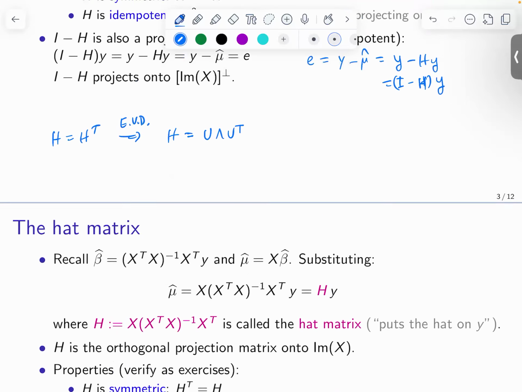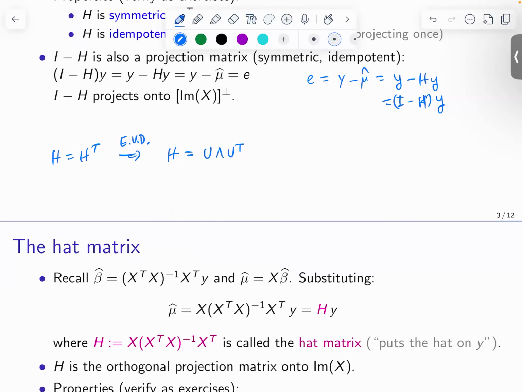Remember, the eigenvalue decomposition is U lambda U transpose, where U is a matrix that has eigenvectors as its columns, and lambda has the eigenvalues as its diagonal entries. This always is true for a symmetric matrix, of which H is an instance. So if I square it, what would H squared be?